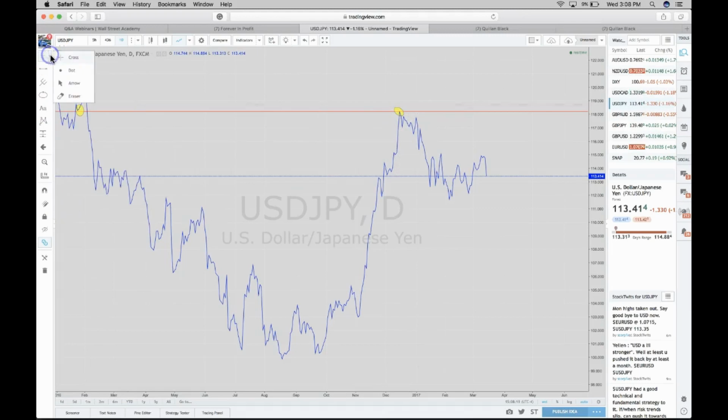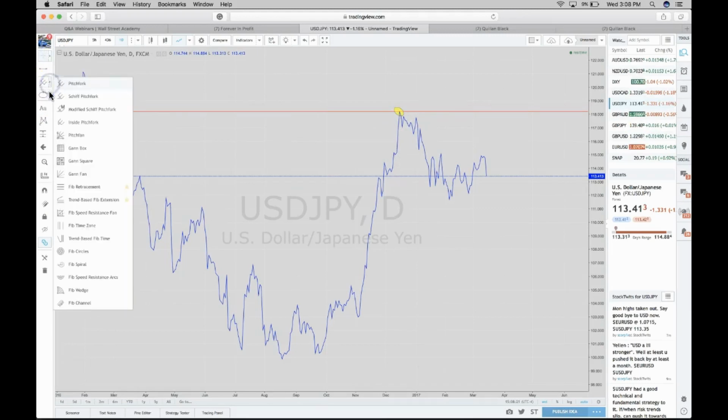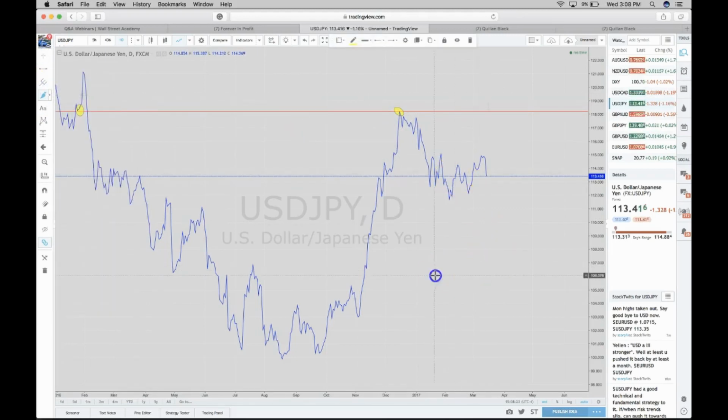When you see something like this, if it hits like this and only on one side, then that is invalid. That's invalid. It has to act on both sides as support and resistance, or vice versa.